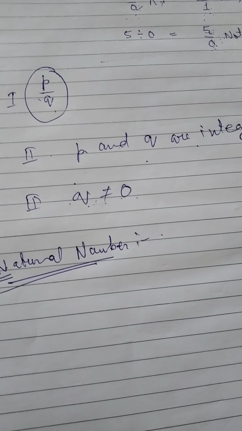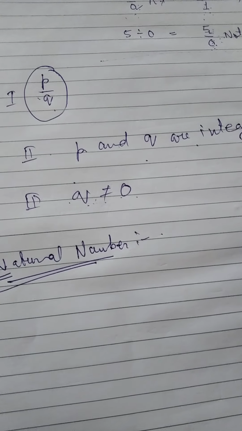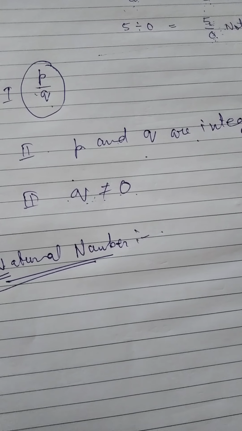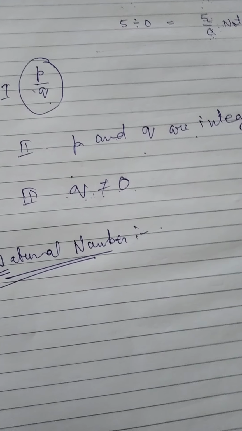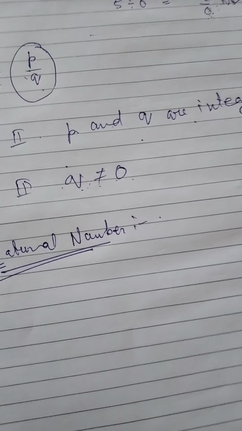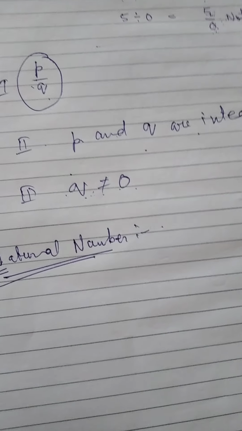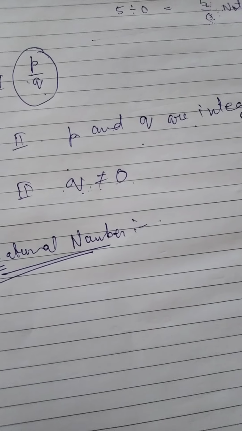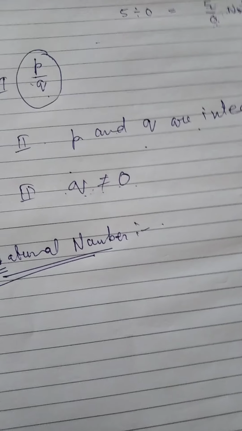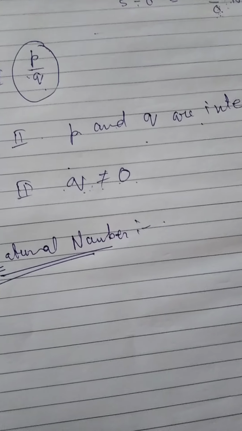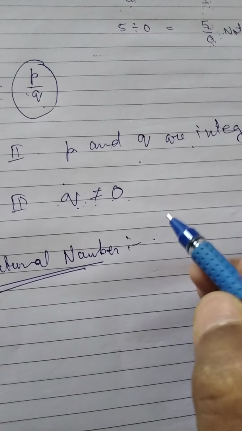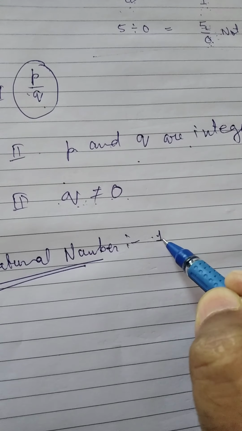Number of televisions you can count, number of fridges in your home you can count. But suppose in your home there is no plane, and I ask you how many aircraft are in your class. You will say no, there are no helicopters. How can you count them? So counting means the smallest counting number is 1.